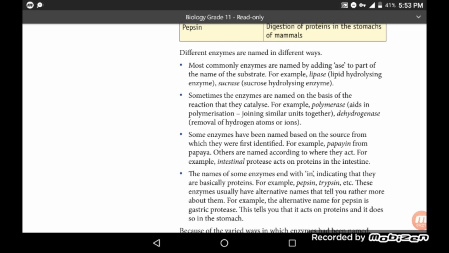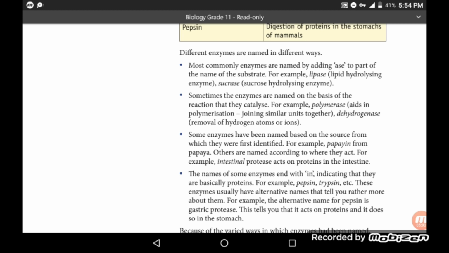named by adding ASE to part of the name of the substrate. For example, lipase enzyme, the substrate is lipid, and then we add ASE to indicate it is an enzyme, and it is involved in the hydrolysis of lipids, a lipid hydrolysing enzyme.